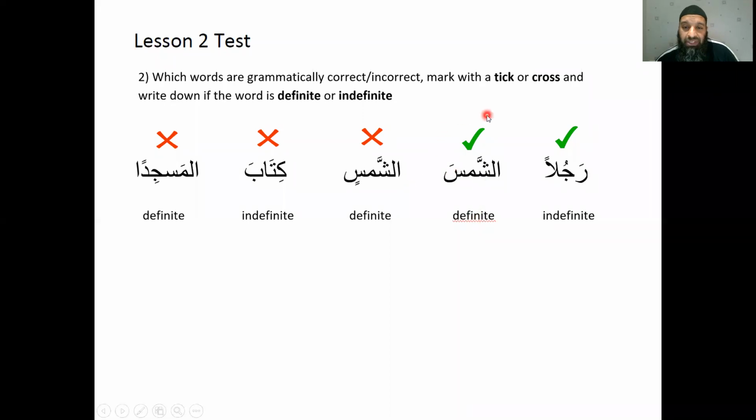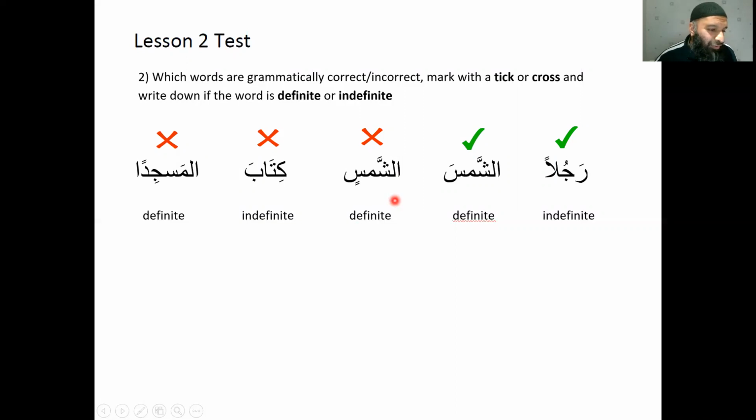So ash-shamsa is correct. In this slide it says ash-shamsin, so it's wrong. But in your test it said ash-shamsi, so it should be correct on your test. The double got cut off somehow. And it is definite because there's an al there.